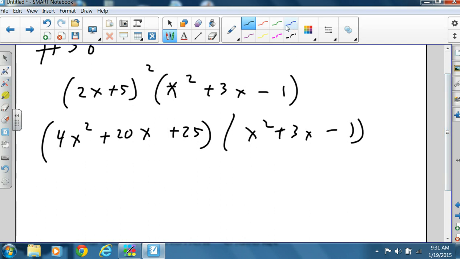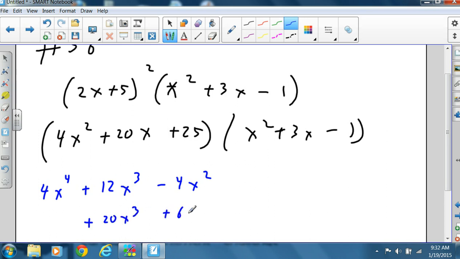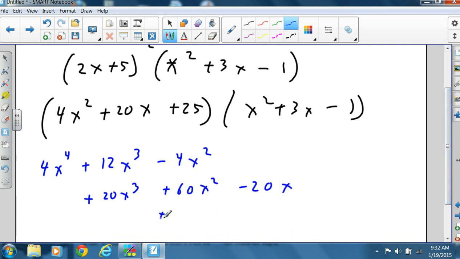And now we're going to do it again, and we're going to see if we can line up better this time. 4x to the 4th plus 12x cubed minus 4x squared plus 20x cubed plus 60x squared minus 20x plus 25x squared plus 75x minus 25.